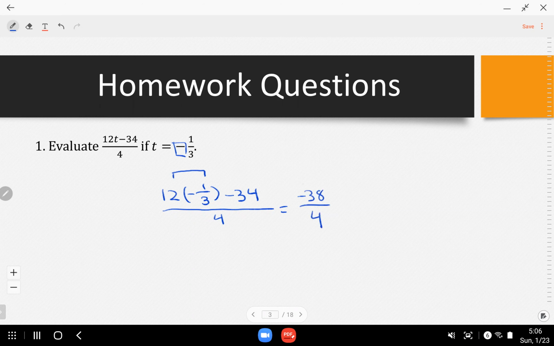And I had some people just turn it in as negative 38 over 4, but that is not fully correct. I may give you some partial credit, but this is not simplified. And when you get to middle school or high school, they're going to count you off if you don't simplify it. So make sure you simplify. So negative 19 over 2, that should be the correct answer.